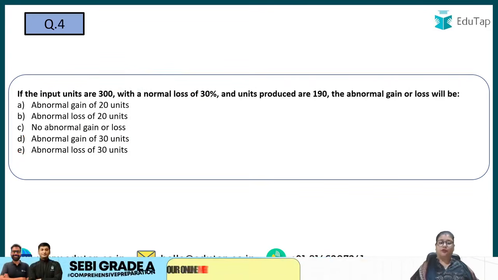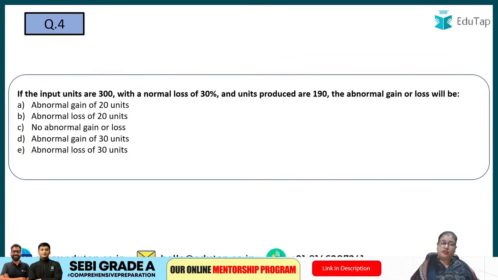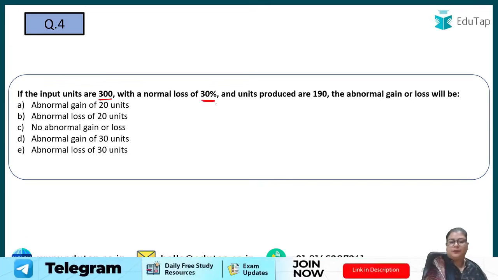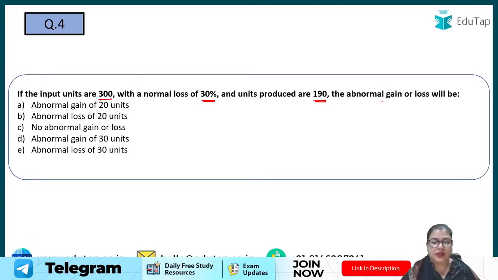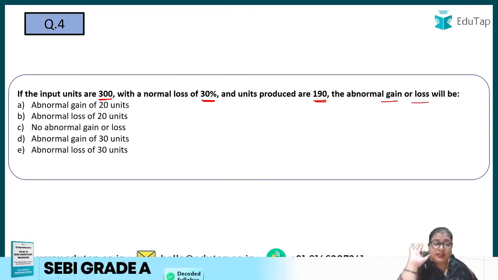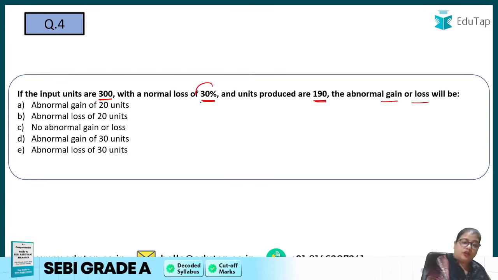Coming to question number 4, if the input units are 300, with the normal loss of 30% and the units produced are 190, then there will be a normal gain or loss. Again pause this video, try to calculate and then come back to the solution. Now, how many input units are there? 300. There is a normal loss of how much? 30%.